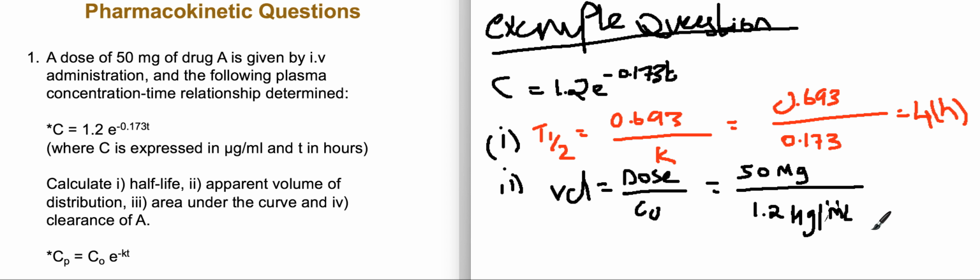To get from micrograms to milligrams, you simply multiply by 1,000. A milliliter times 1,000 becomes a liter.